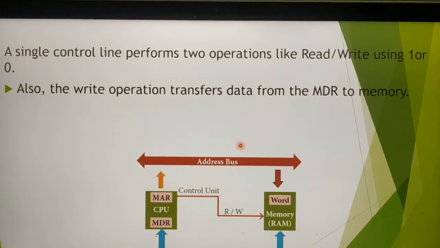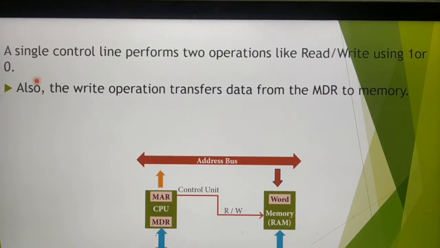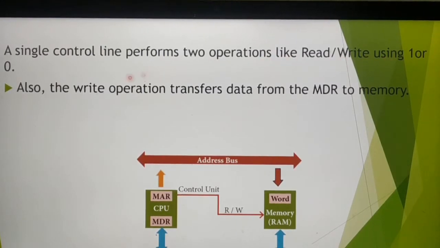Next we can see how the control unit works. In this control unit, we have two operations: one is the read operation and another is the write operation. Using 0 and 1, it can communicate from processor to memory. So a single control line performs two operations, read and write, using 1 or 0.